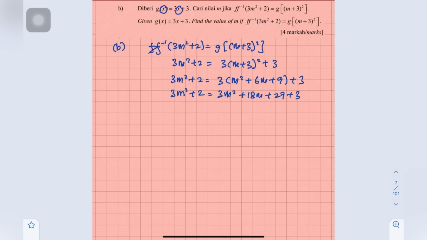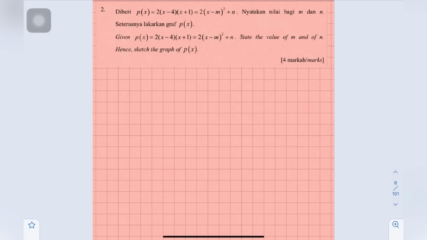Okay, so we can eliminate 3m squared. So we simplify: 18m equals 2 minus 27 minus 3, which equals negative 28. Okay, so m equals, this one 18m, so negative 14 over 9.